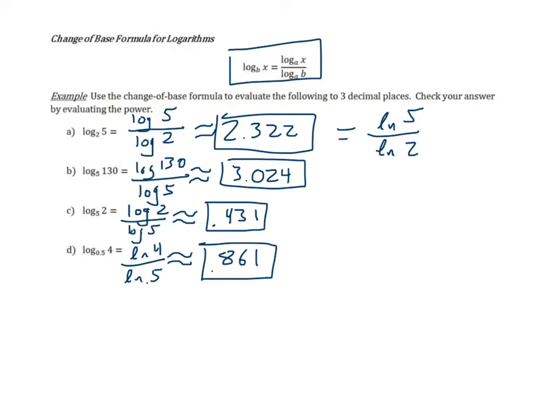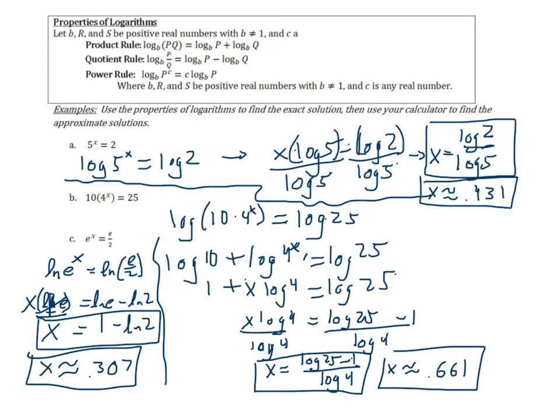So we now know how to change the base. We can deal with any logarithm. We can use these properties of logarithms, these rules here, so that if we have a product, we can write it as a sum of two logs, a division, a quotient, we can write it as a difference, and a power within the log, we can write it as that power times a logarithm.